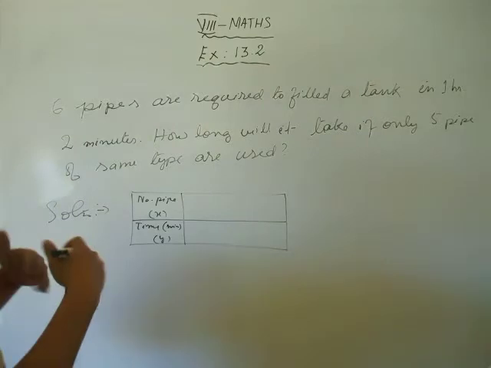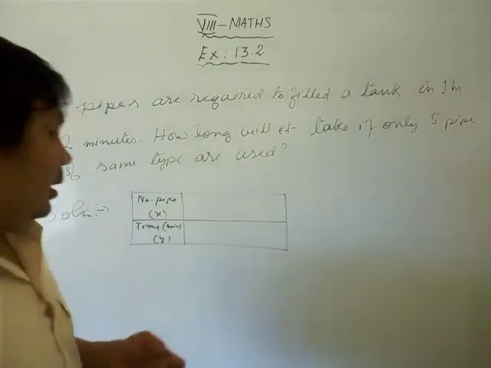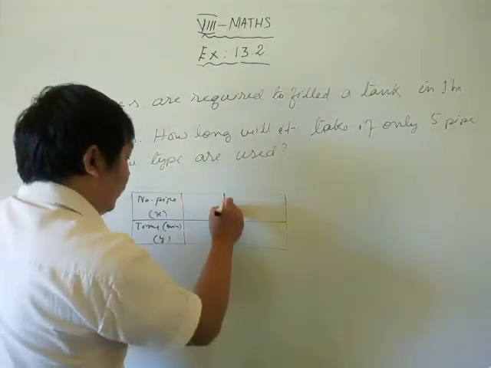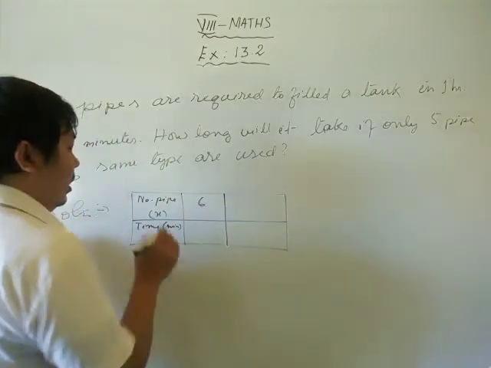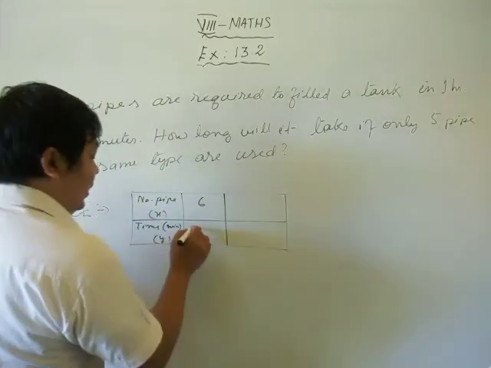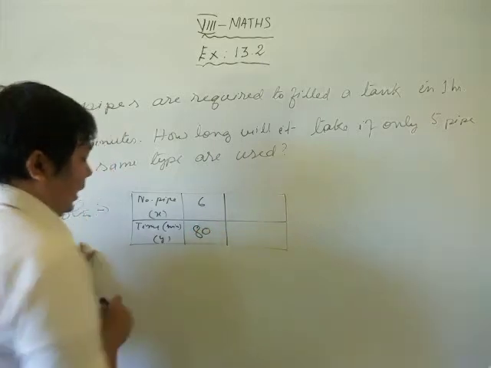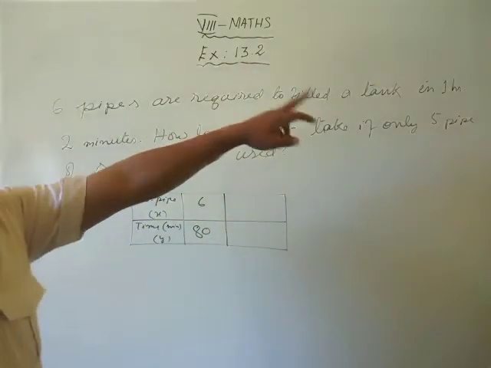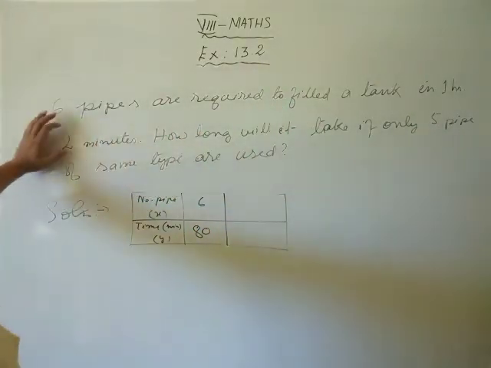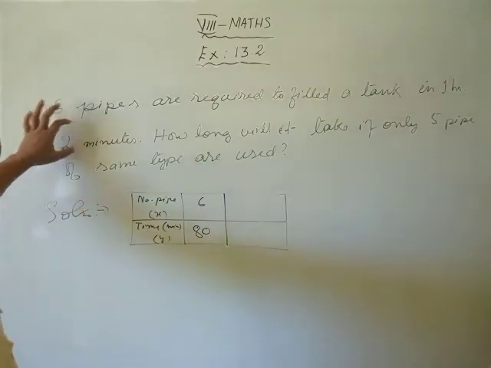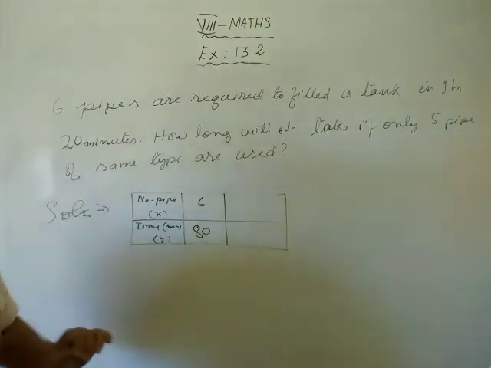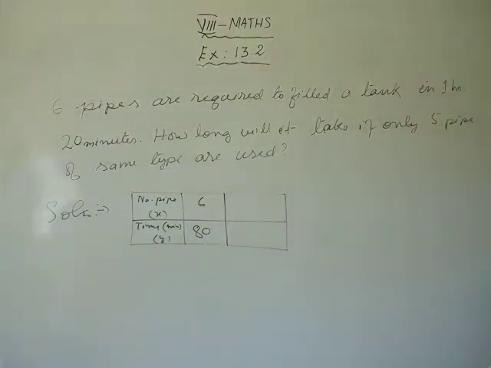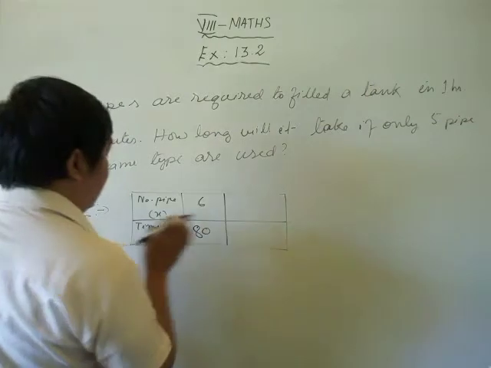So let us convert the hour also into minutes. Now, if the number of pipes is 6, how much is the time? That is 80 minutes, isn't it? Yes, 80 minutes. There are 60 minutes in 1 hour and another 20 minutes, not 2 minutes, just 20 minutes. So altogether 80 minutes are there.